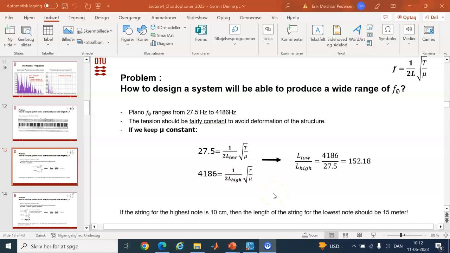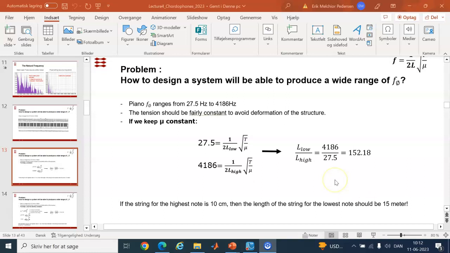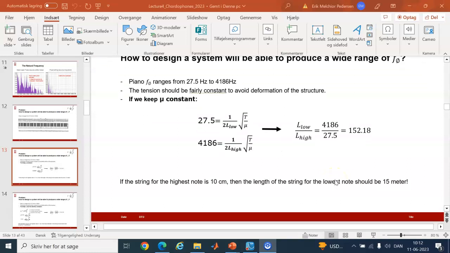If the string for the highest note is 10 centimeters, then the length of the string for the lowest note should be 152 times 10 centimeters, which is 15.2 meters. So it doesn't work.